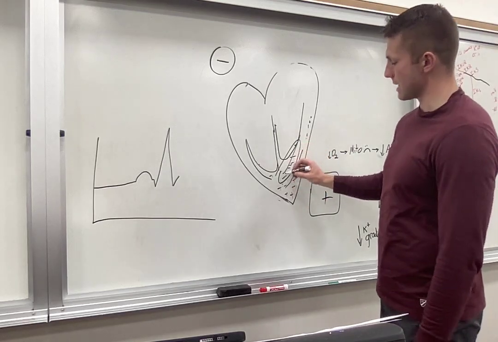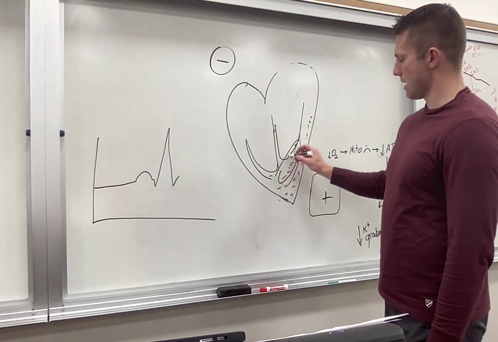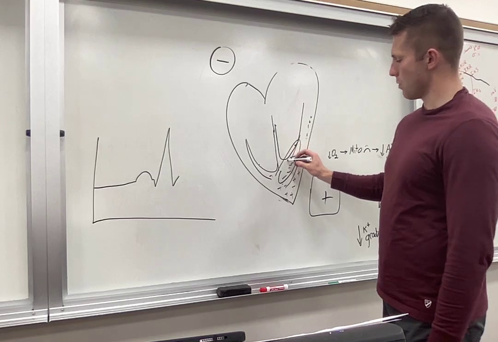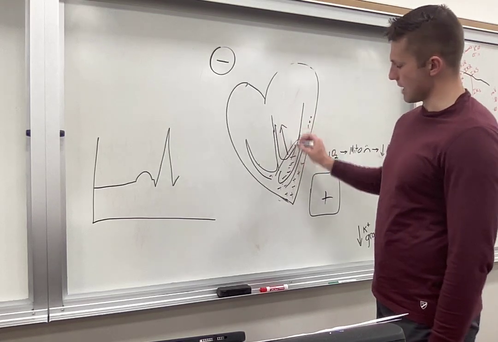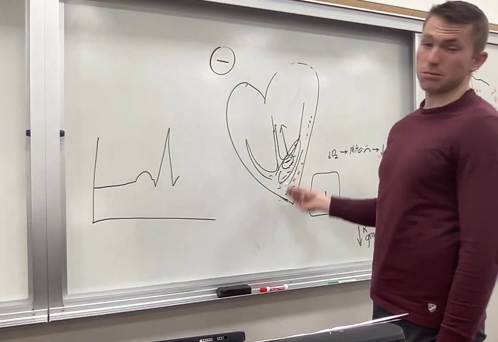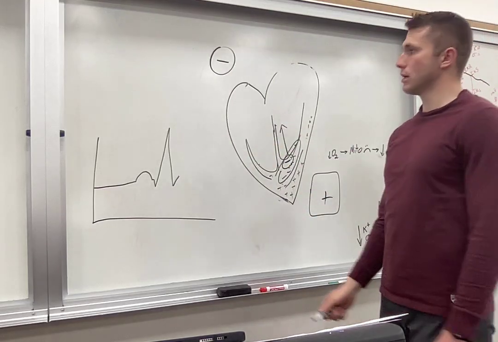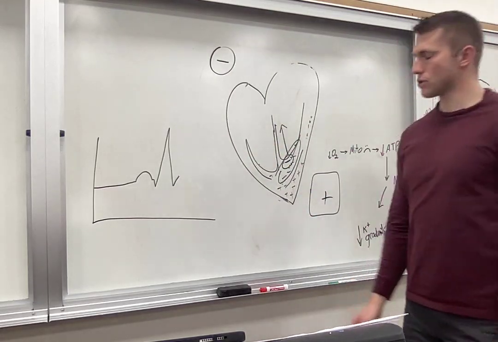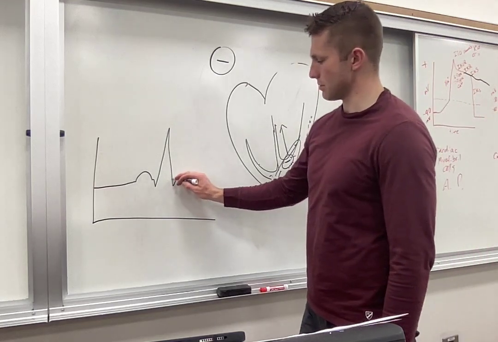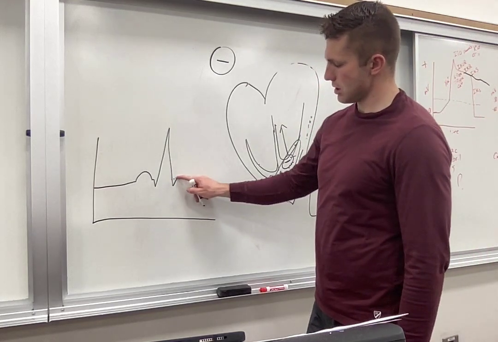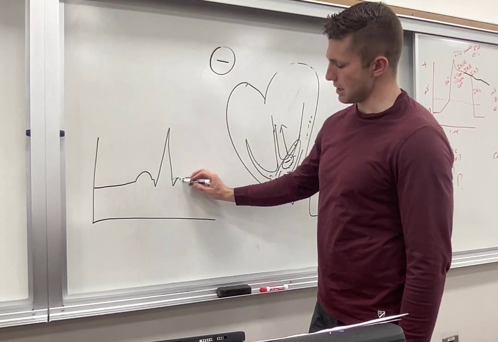For a second, it stays negative. And so then what you have here is a negative tailed vector pointing towards a negative electrode. Well, it's going to cause it to, here's baseline, be down low.